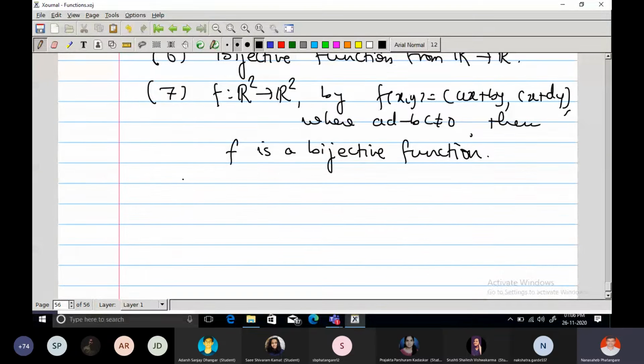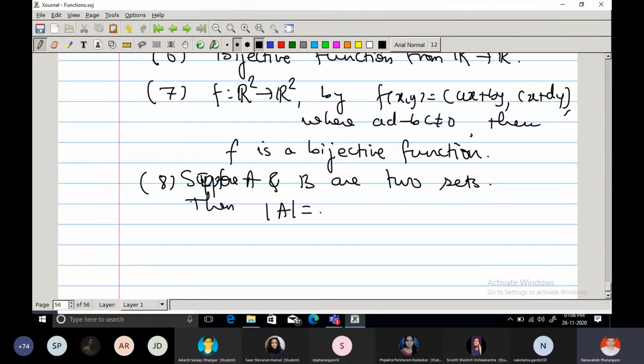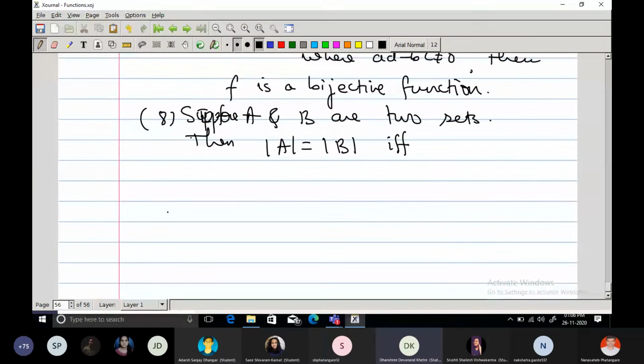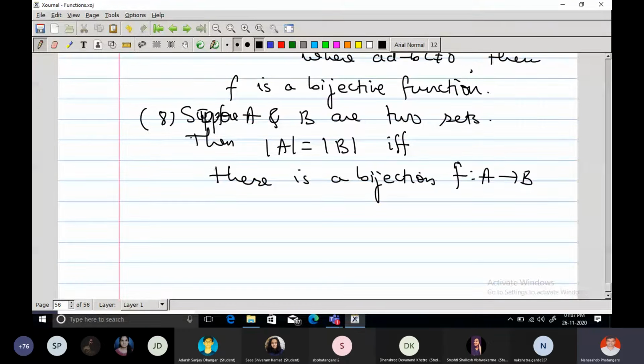Also, we saw that if A and B are two sets, then the number of elements in set A and the number of elements in set B are equal if and only if there is a bijection f from A to B. So if you can produce a bijection from A to B or B to A, then the sets have the same number of elements, or the same cardinality.